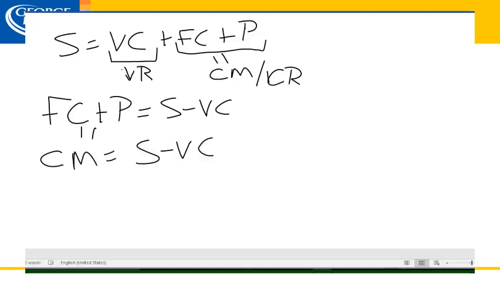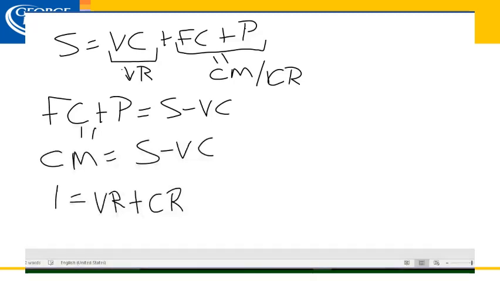And if we wanted to talk about this in terms of variable rates and contribution rates, our sales being 100% of our sales, or 1 being our sales, must equal our variable rate plus our contribution rate.